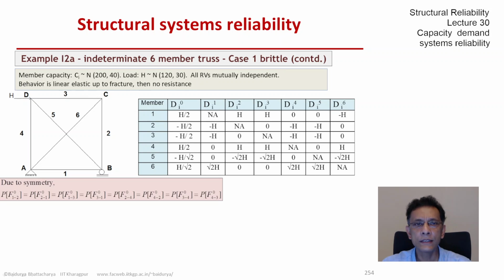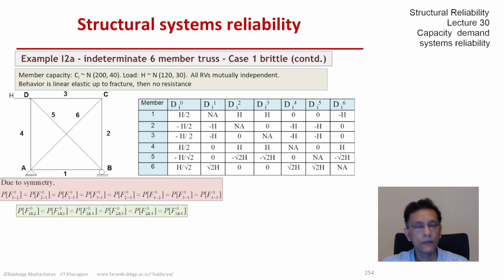So this is obviously not a general situation. It depends on some of the simplifying assumptions that we have made for this problem. And likewise, we can see that F01 and 2, F01 and 3, etc., they also have the same probability.